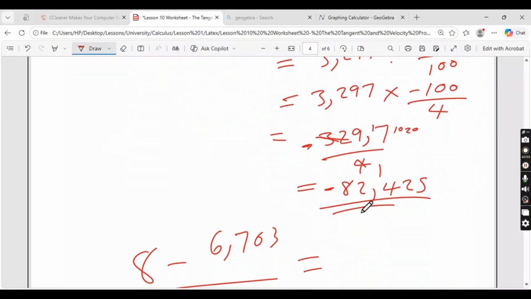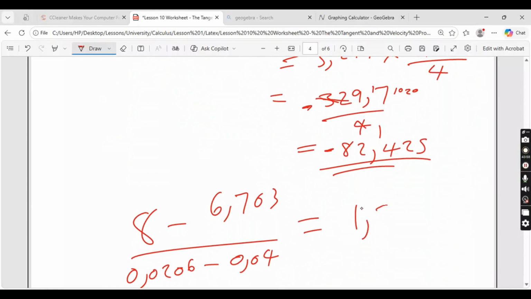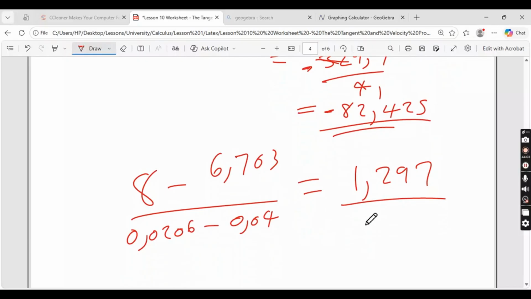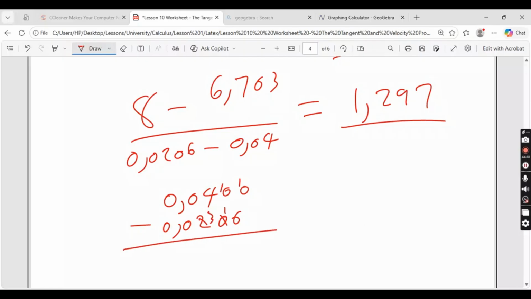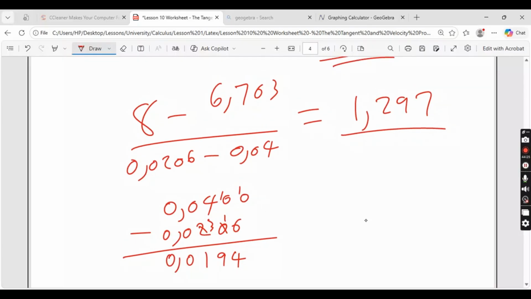So 3.297, 1.297. 0.04. So negative 0.094.